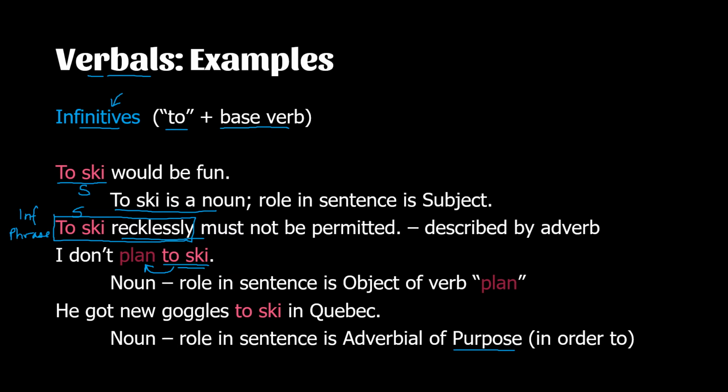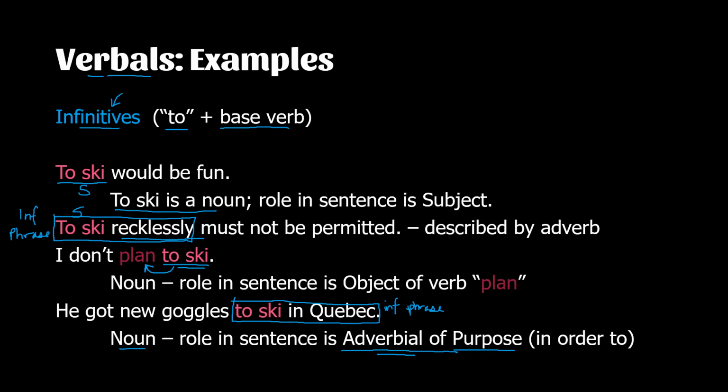The purpose was to ski in Quebec. So this group of words is an infinitive phrase, and the function of this is an adverbial of purpose. So even though it's a noun as a part of speech, its function or its role is an adverbial of purpose.